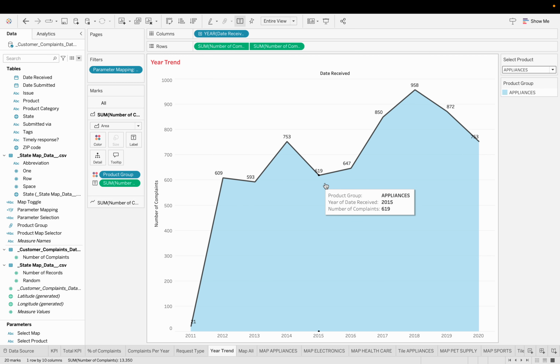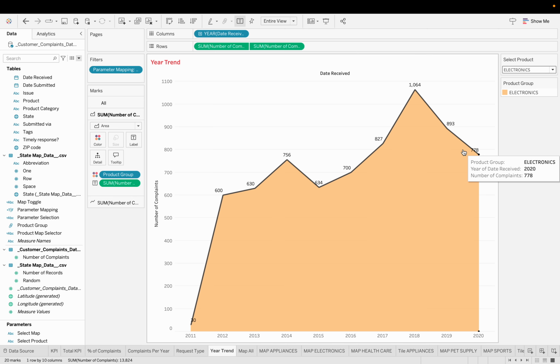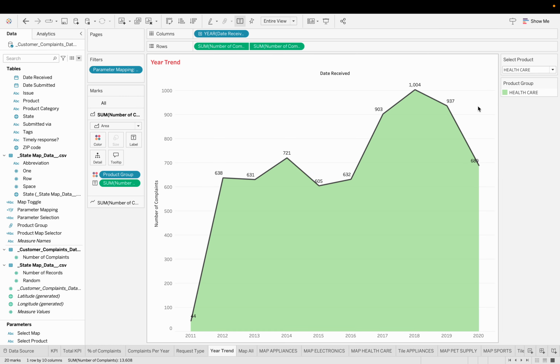We saw another dip around 2015, but then the trend went up from 2016, and then in 2018 it went down. If you look at electronics, it's very similar. After 2018, it dipped. For healthcare, it dipped after 2019.